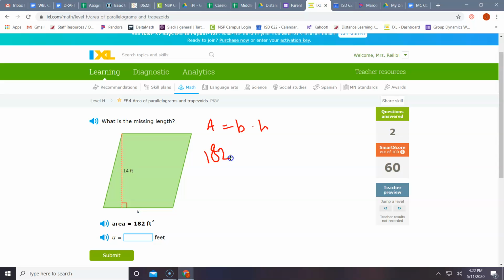182 equals, I don't know my base, but I know my height is 14. So then we're just going to solve like another equation, divide both sides by 14.